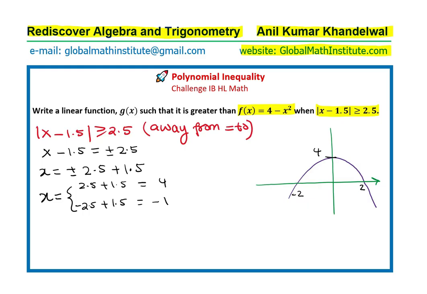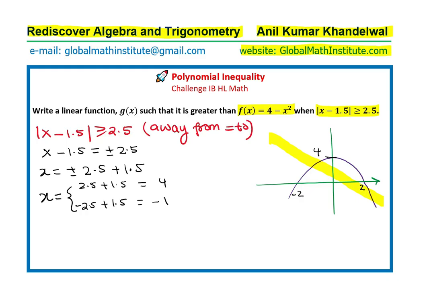Now 4 will be beyond this. So let me say that the line will be kind of like this. Here's an approximate line, right? Okay, great. So we got the two points, and we also got the line. We just need the equation of the line, right?